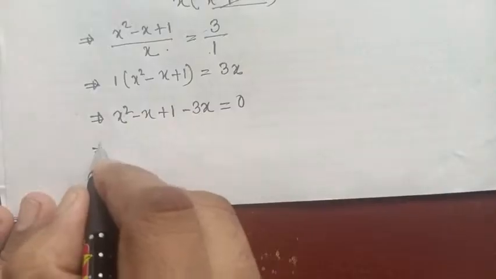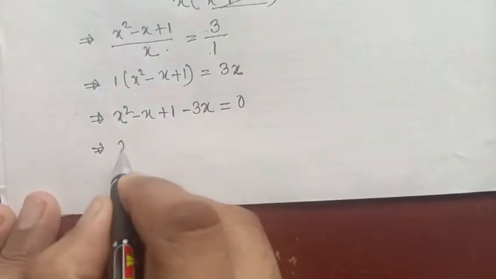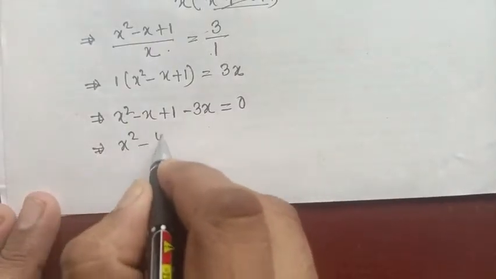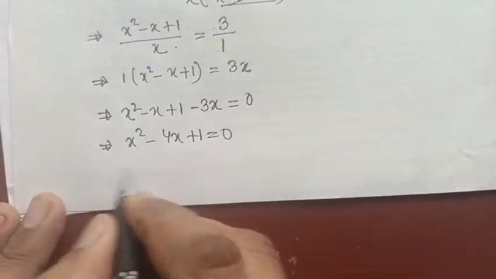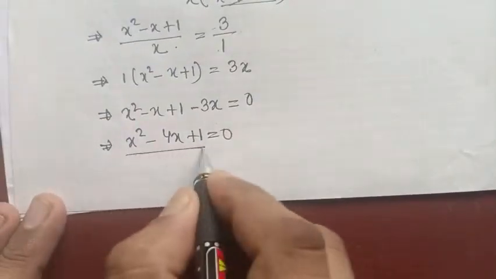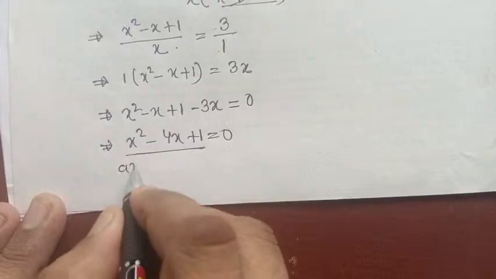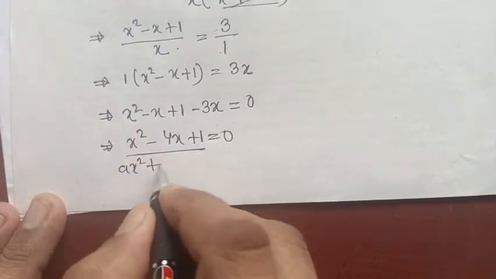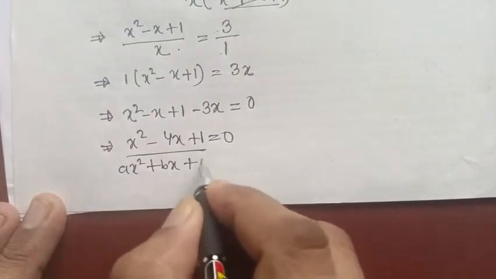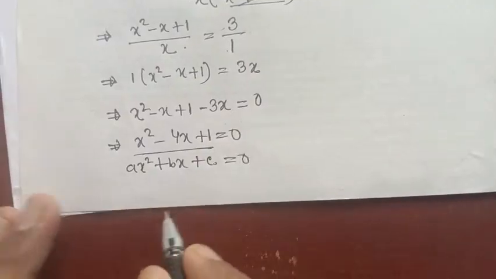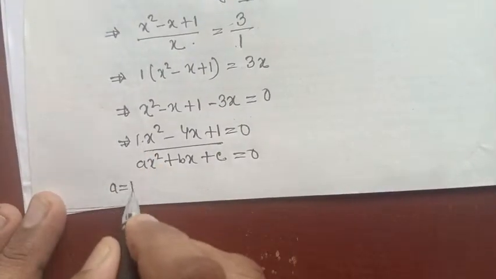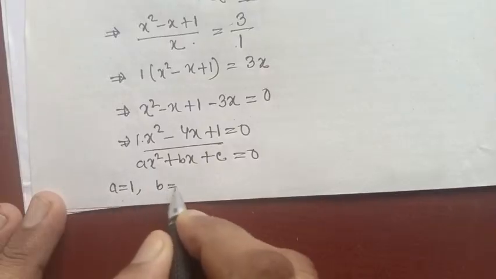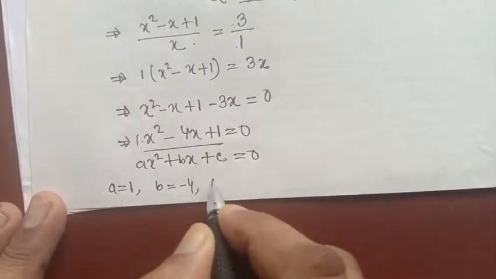The equation becomes like this: x square minus 4x plus 1 equals 0. So this equation is a quadratic equation, and the standard quadratic equation is ax square plus bx plus c equal to 0. If you compare, we get a equals 1, b equals minus 4 and c equals 1.